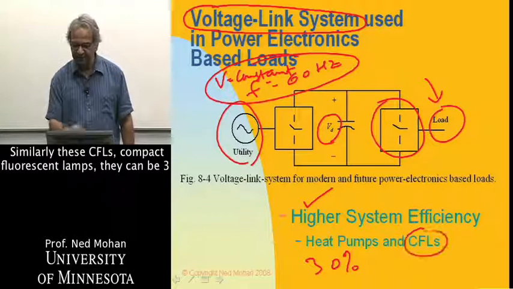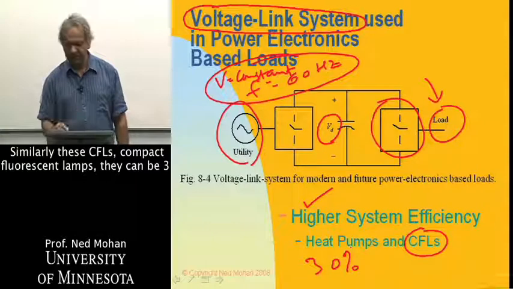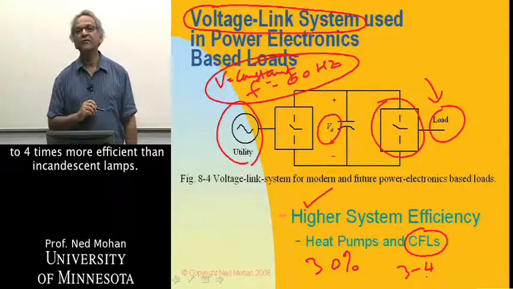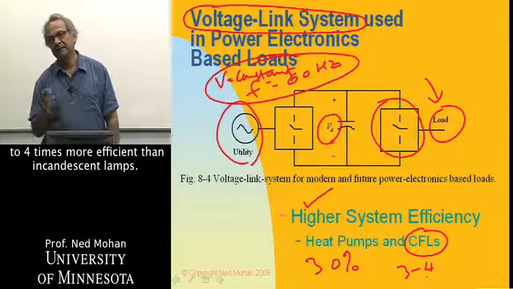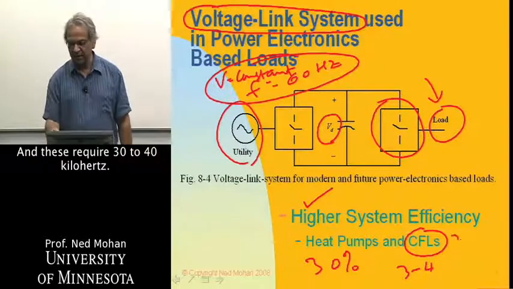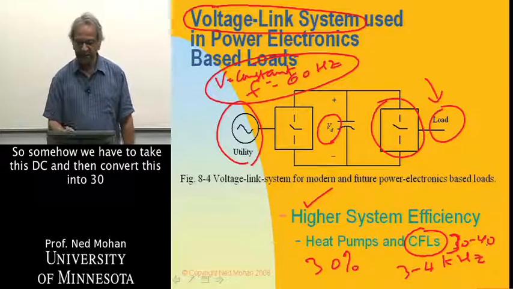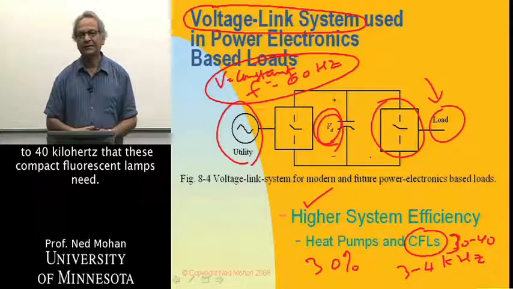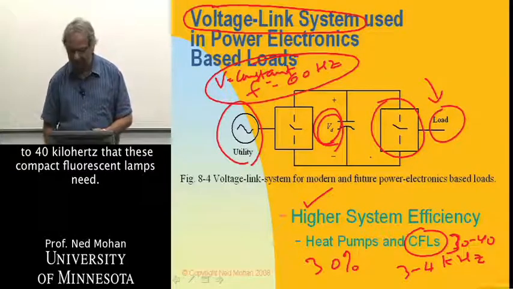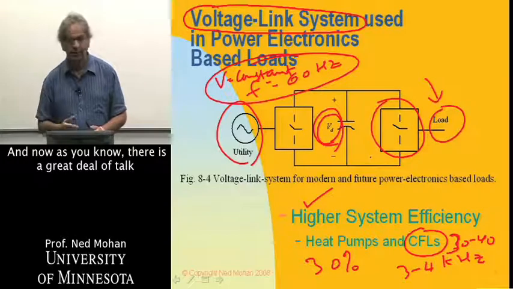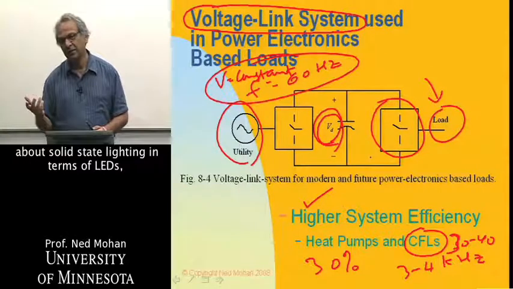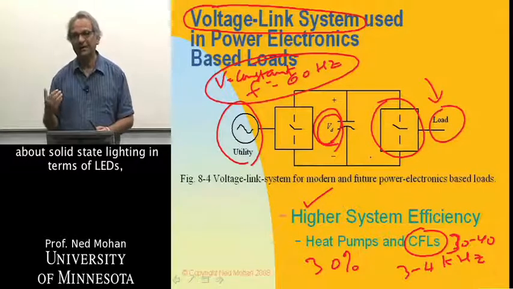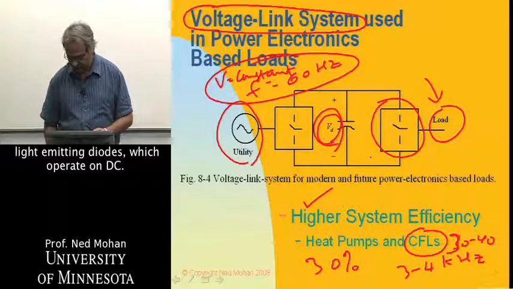Similarly, these CFLs, compact fluorescent lamps, can be 3 to 4 times more efficient than incandescent lamps, and these require 30 to 40 kilohertz. So somehow we have to take this DC and convert it into the 30 to 40 kilohertz that these compact fluorescent lamps need. And now, as you know, there's a great deal of talk about solid state lighting in terms of LEDs, light emitting diodes, which operate on DC. All right.